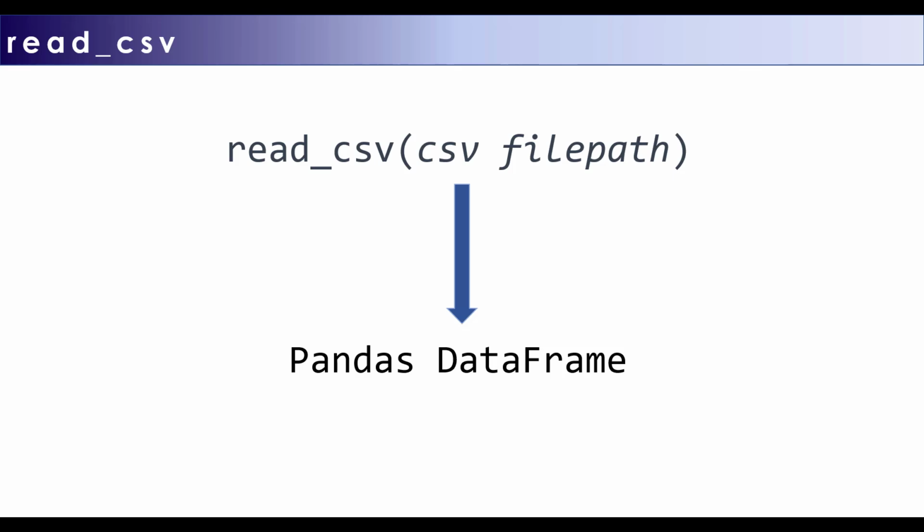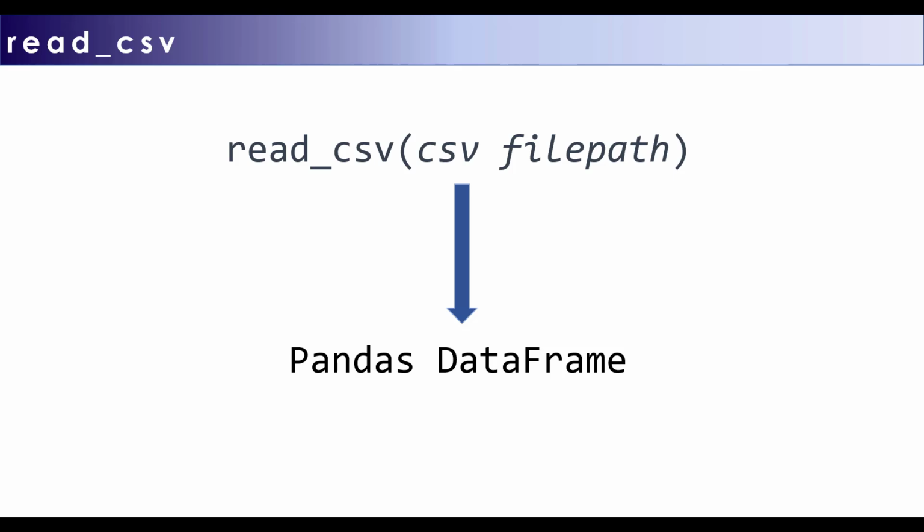So this read CSV method gives us a simple, convenient way to extract data from a CSV file into a Pandas DataFrame with just a single line of code. The method takes just one mandatory argument, which is the path or location of whatever CSV file we're trying to import on our computer.